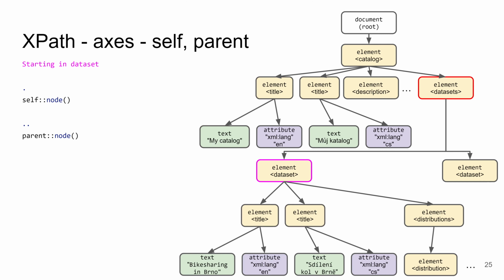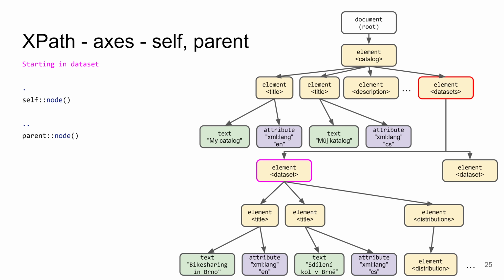There are other shortcuts. There is the self node query, which has a shortcut, it's a dot, and a parent node query, which has the two dots as a shortcut. Those two are, I presume, well known to you from the file systems, where basically a file system can also be viewed as a tree, and those two steps are also present in each file system.